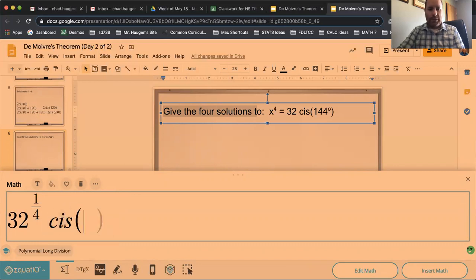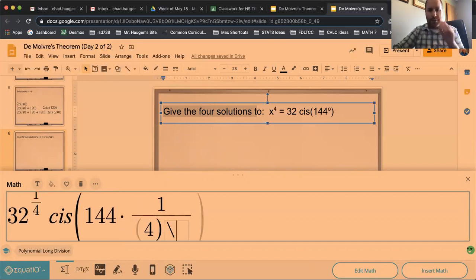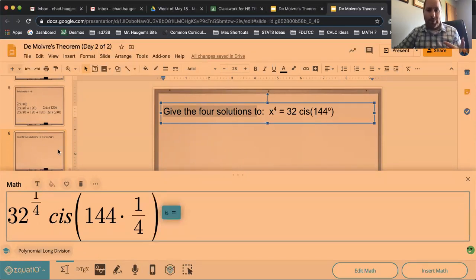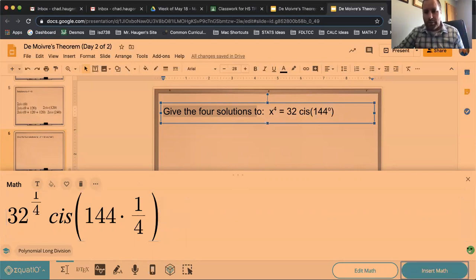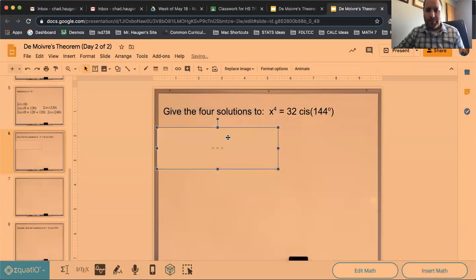And then we'd have our 144 times the 1/4 power. And that's what we would be doing, right? We're taking everything to the 1/4 because we have to undo solving this, right? Because we're solving, we have to undo this part. If it was regularly already just to the 4th power, we just drop that in and we call it good. But here it is going to this part.